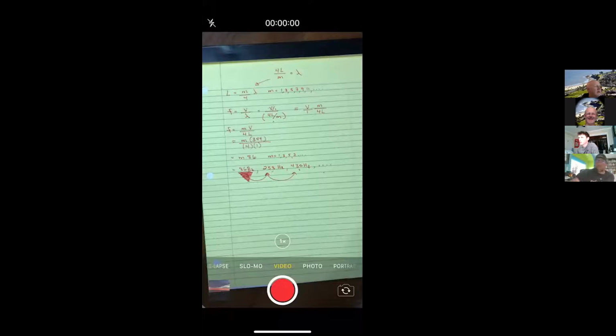Oh, here it is. On figure 16-4, he shows how a violin, and that's a string of course, has the first, the second, the third, the fourth, and the fifth harmonic. What page is it? Page 336.